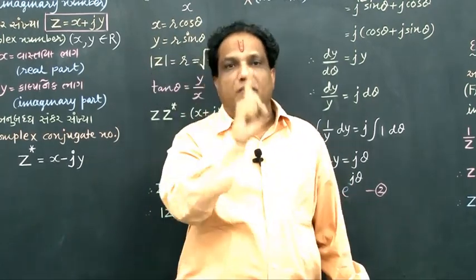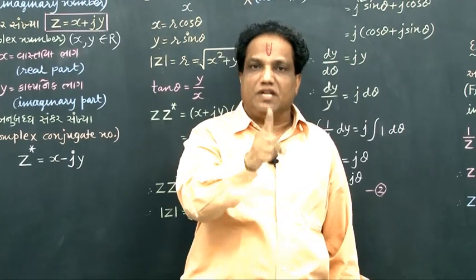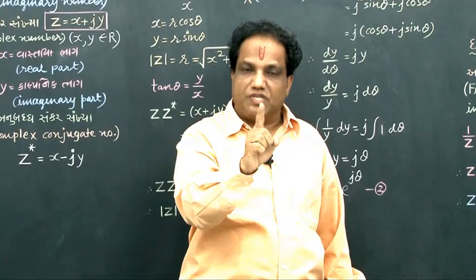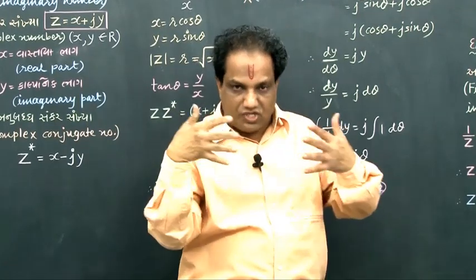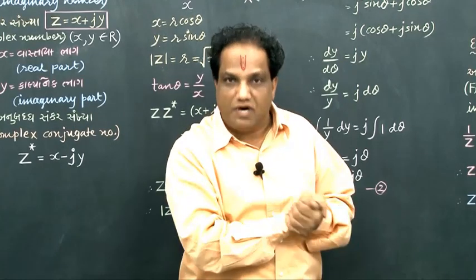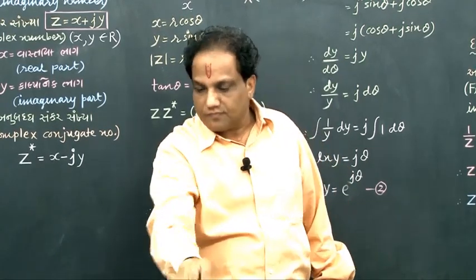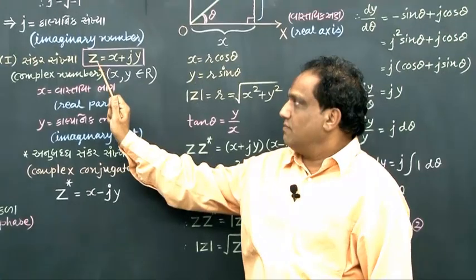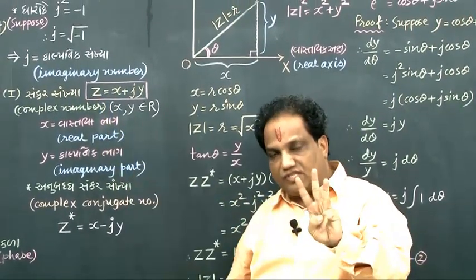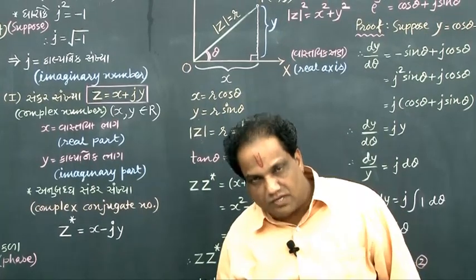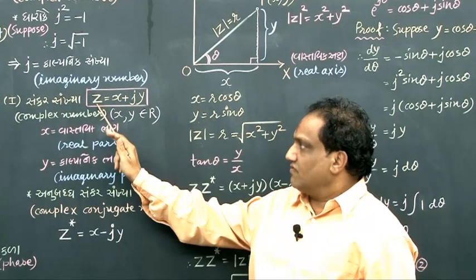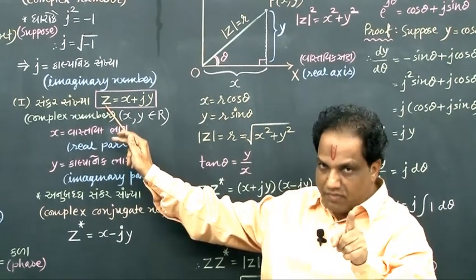So a complex number is a numerical number which is obtained by linear combination of real number and imaginary number. I am showing you how. Normally a complex number is shown by the symbol z, and there are 3 ways you can represent a complex number. All 3 ways we will see today, but this is the first way.